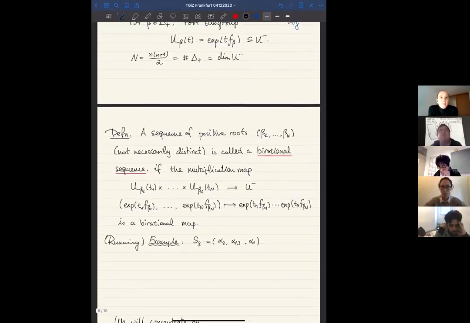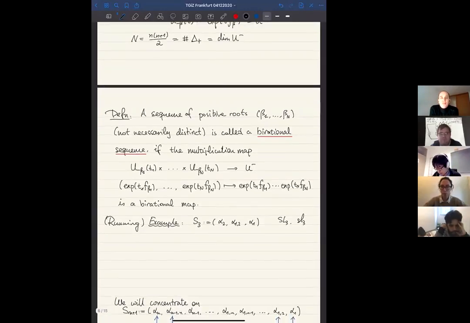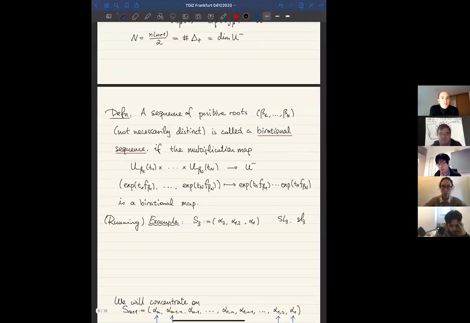Okay, now let's do one example. This will be the running example of today's talk. I will take some sequence I call S3, for some reason you will see later. Here what I look at is the group SL3 or the Lie algebra sl3. And my S3 has 3 roots, alpha_2, alpha_12, and alpha_1.